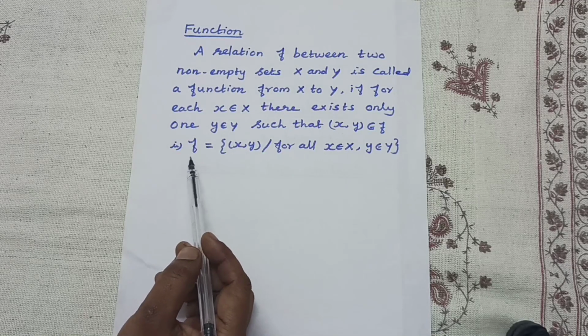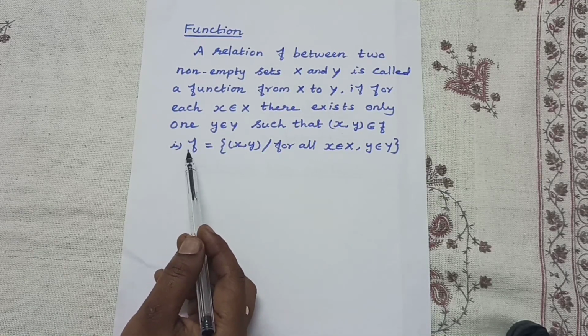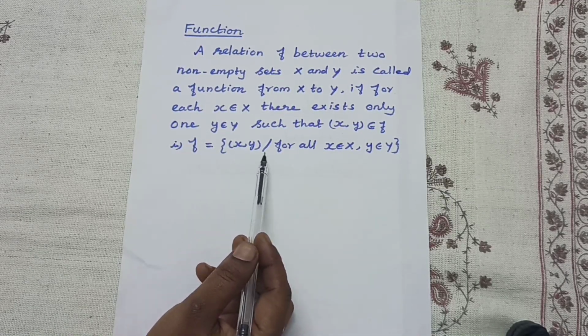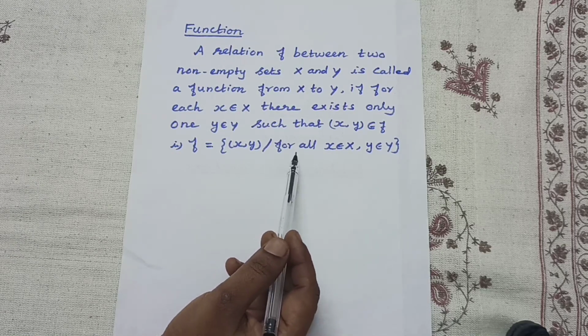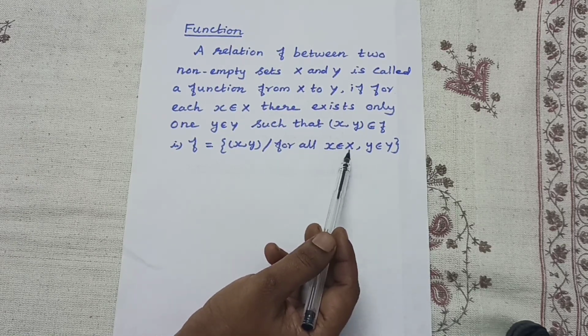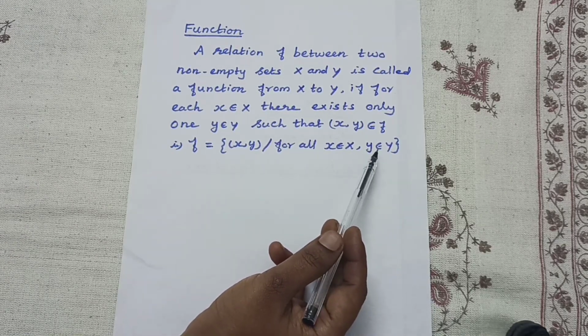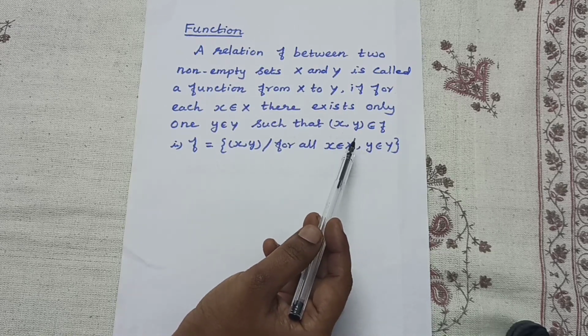Then we can write f is equal to the set of (x, y) such that for all x belongs to capital X, y belongs to capital Y.